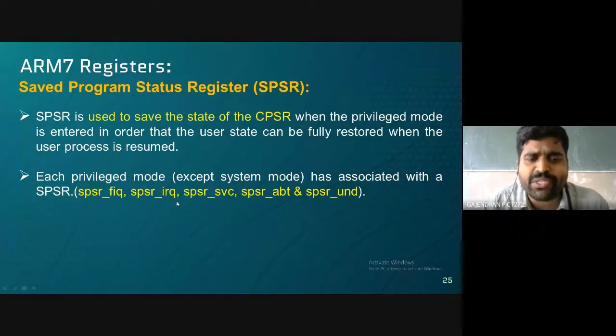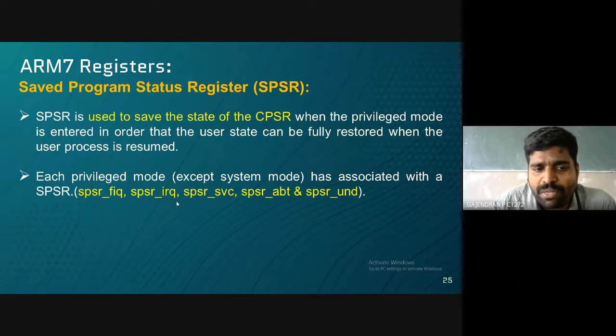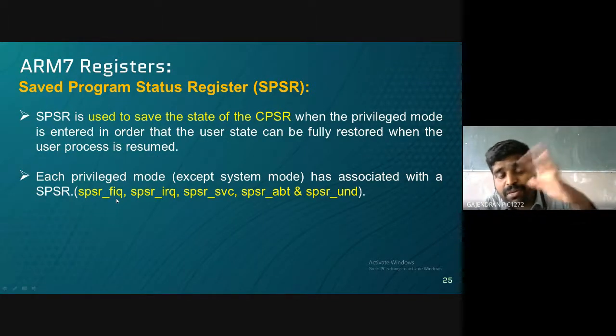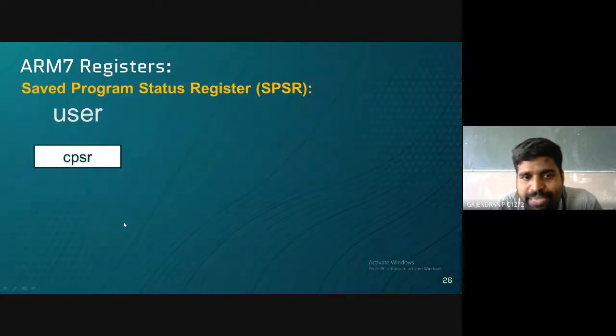Whenever you are switching from user mode to some other mode, we store the user mode's current program status into the corresponding mode. Whichever mode you switch to, you need to make a copy into its saved program status register.